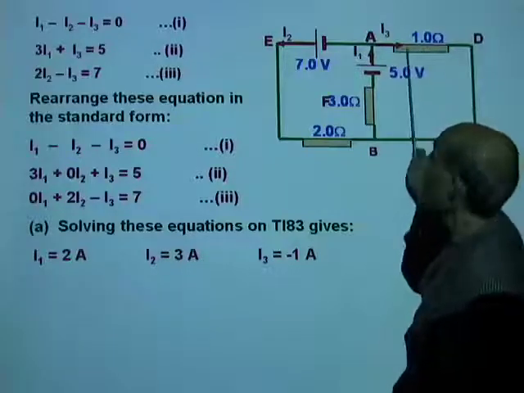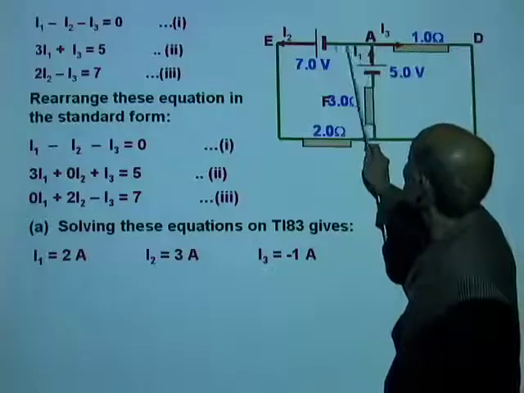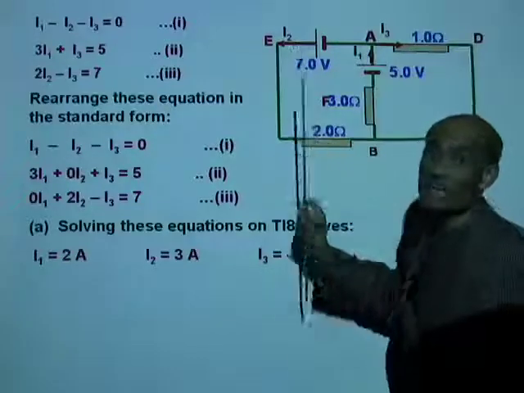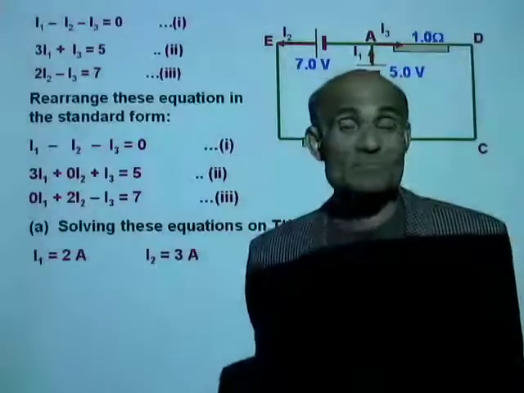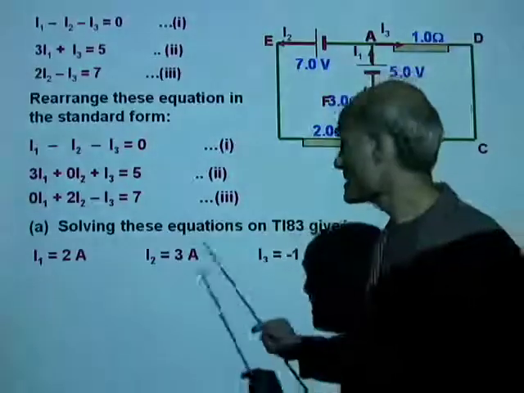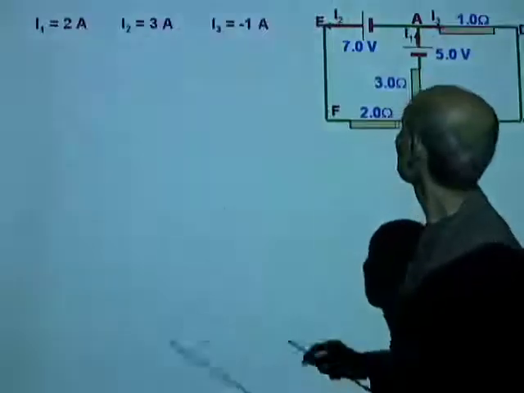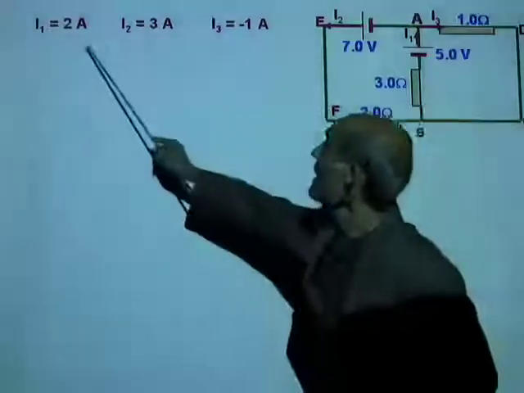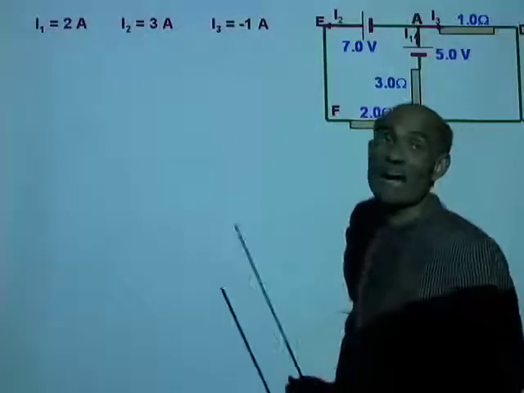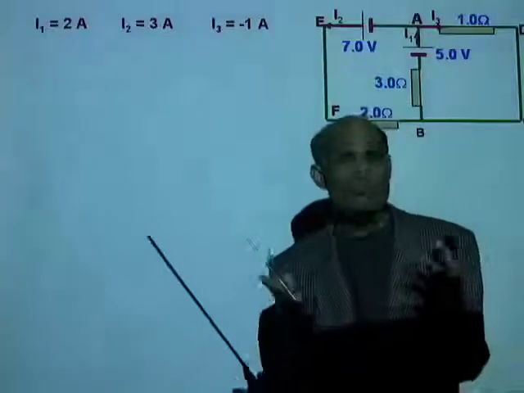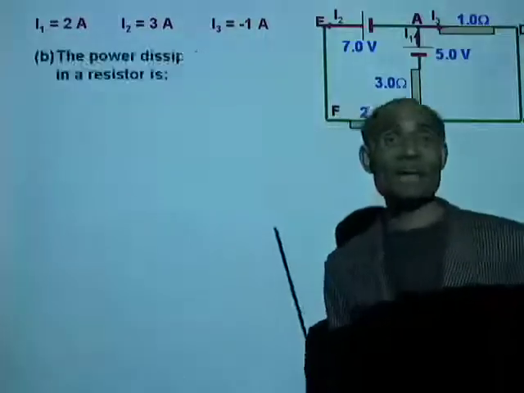I3 is in the opposite direction. And I1 meeting I3 will now be I2. That is the correct one. Does it make any difference if you make a mistake? No, it doesn't. Now, we got I1 equal to 2 ampere, I2 equal to 3 ampere, I3 equal to, we don't now require the negative sign, but you know its value is 1 ampere.